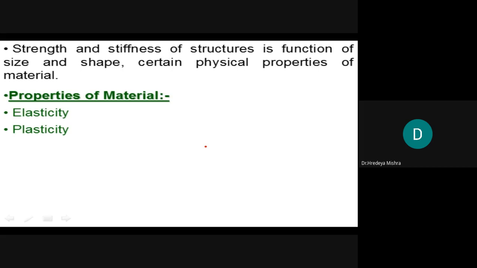Okay, so anyone can tell the most elastic material available? Rubber. Okay, right answer.